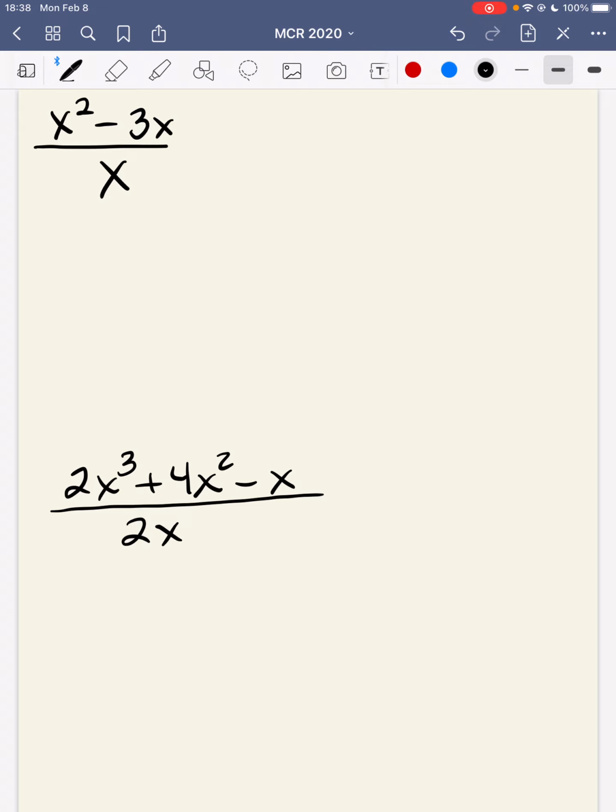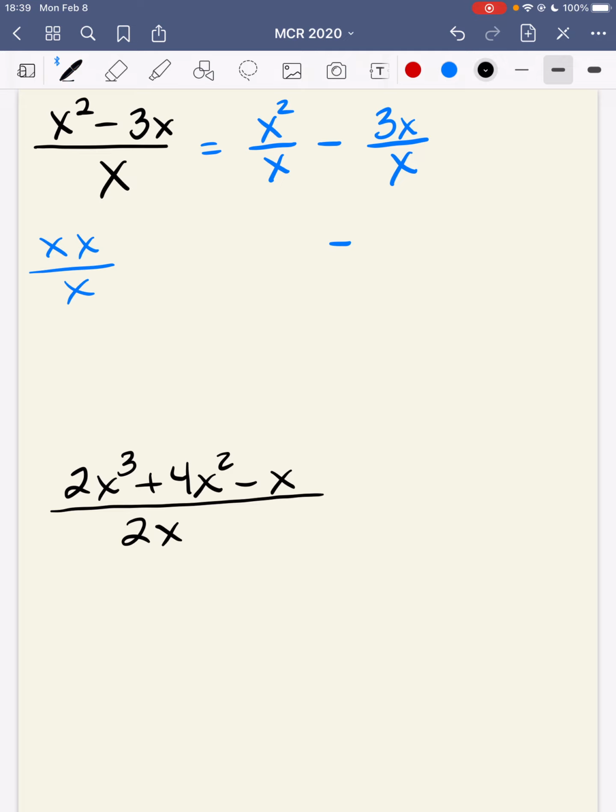All right, so the first thing I need to do is write as separate fractions. So I have x squared over x minus 3x over x. And all I want to do is go ahead and simplify each fraction, leaving my minus sign in there. Okay, so I have 2 x's on the top, 1 in the bottom.